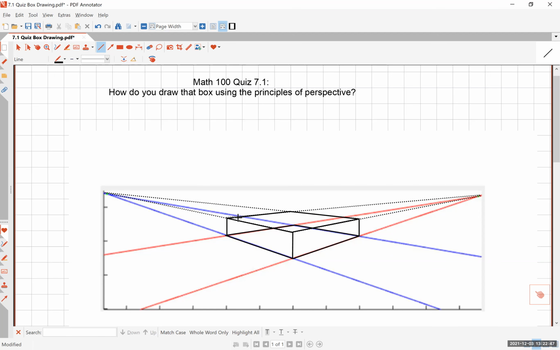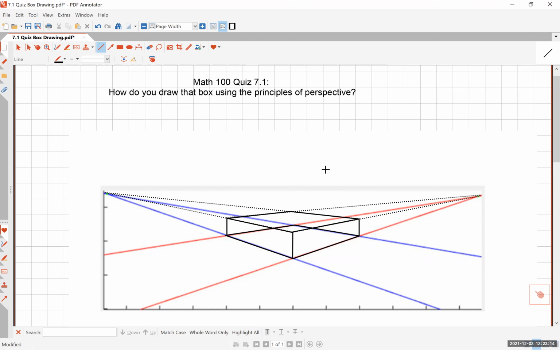If you go from here along this edge and continue straight, it has to go to the right vanishing point. These two vanishing points were already given on your quiz. And so you now have a theoretically perfectly drawn box according to perspective, maybe not artistically, but theoretically.